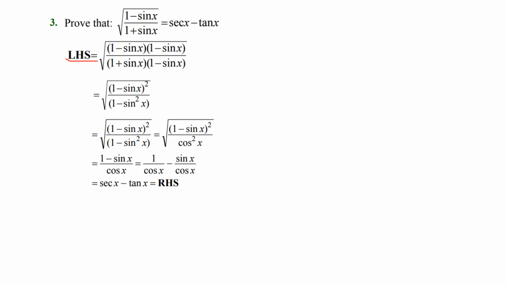We need to multiply and divide it on both sides. So the numerator will be 1 minus sin x the whole squared. So this is like a times a, so a times a will become a squared format. And the denominator is like a plus b times a minus b format.